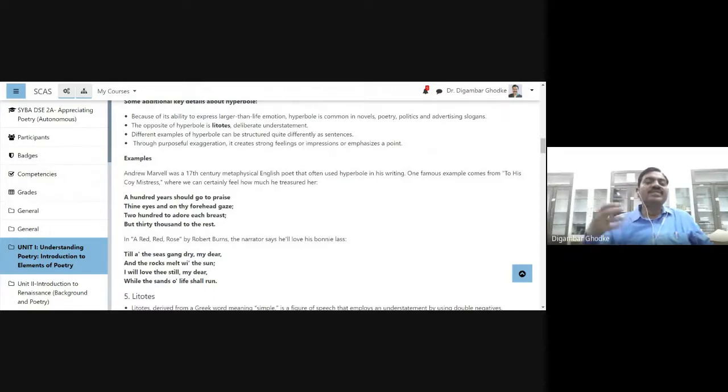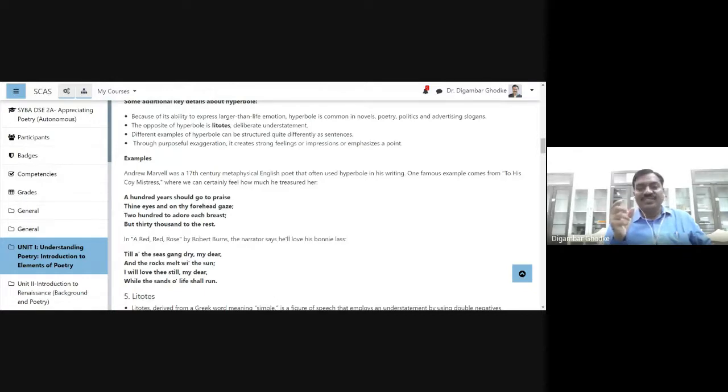Now, different examples of hyperbole can be structured quite differently as sentences. So these are purposeful exaggerations. And through these purposeful exaggerations, hyperbole creates strong feelings or impressions, or it is used to emphasize a point.